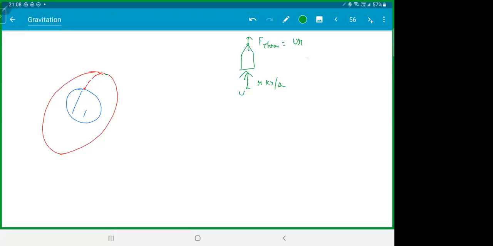Force into small time dt gives you the change in momentum, agreed? So uRt equals m into the change in velocity, so the change in velocity is uRt by m. This is the additional velocity you can give whenever you switch on the engine for a certain time.